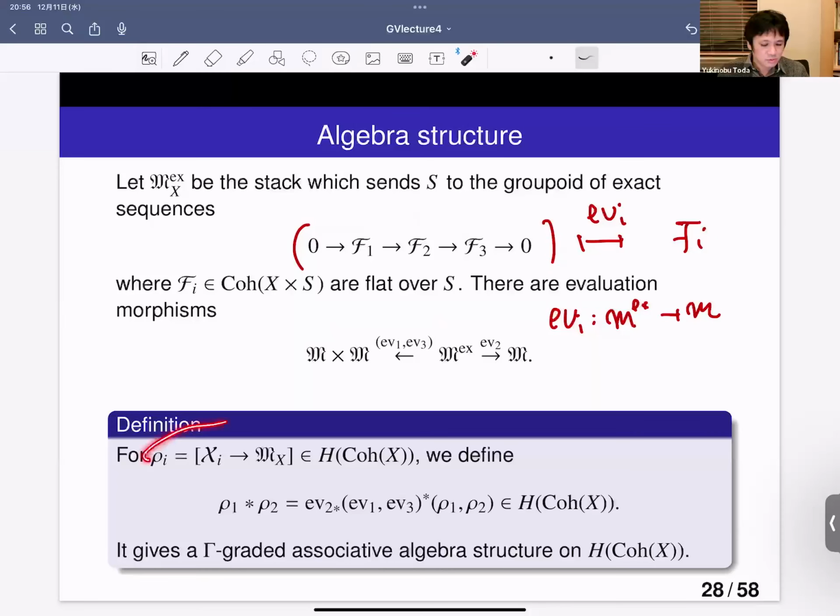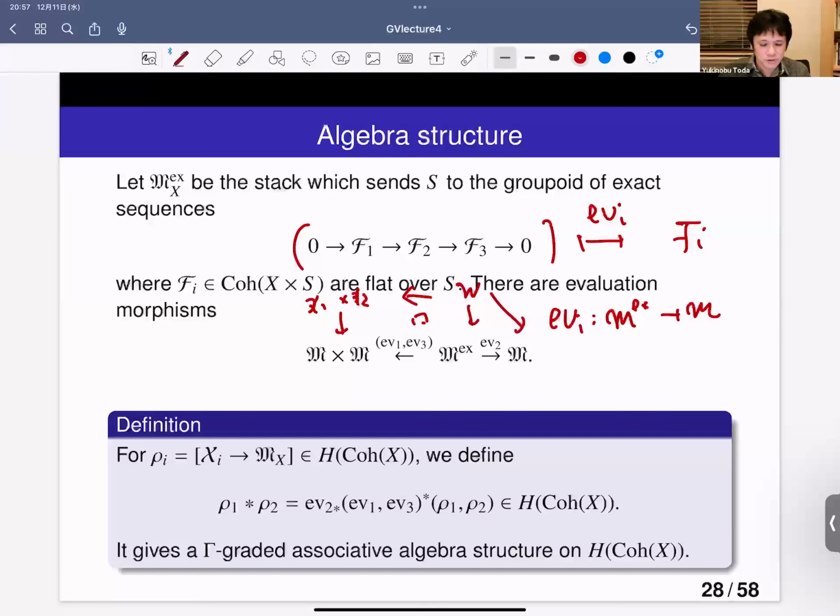Then given rho_i in the Hall algebra of X, I define the product given by pullback and push forward. The meaning of this pullback and push forward is that I have maps to M_X times M_X. The pullback is nothing but taking the fiber product, and the push forward is nothing but composition.